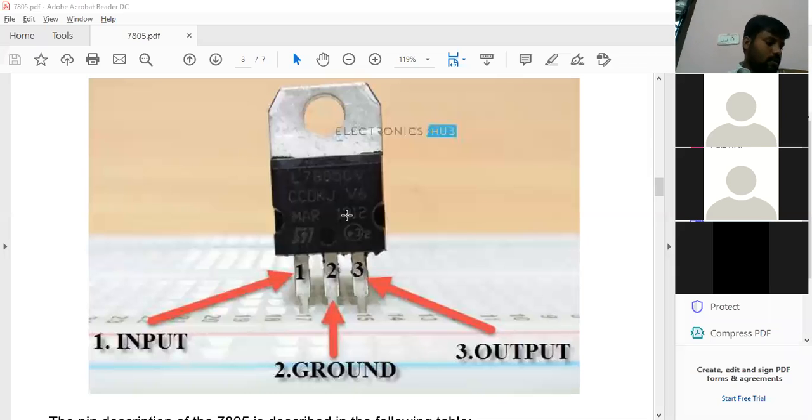Now, pin number 1 is the input pin, pin number 2 is the ground, and pin number 3 is the output. Okay, there is no confusion in it. Simply, we can use the IC regulator here. Only the first one is input and the last one is output. Middle one is ground. Okay, so there is no confusion at all in this.